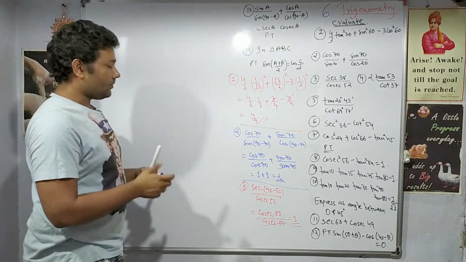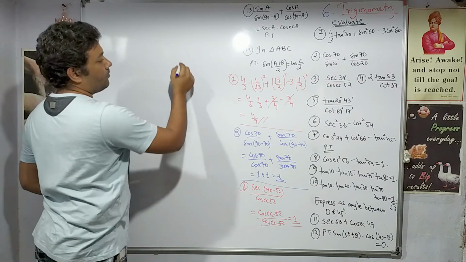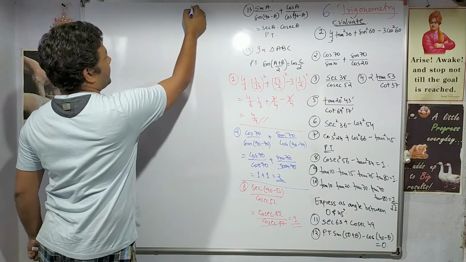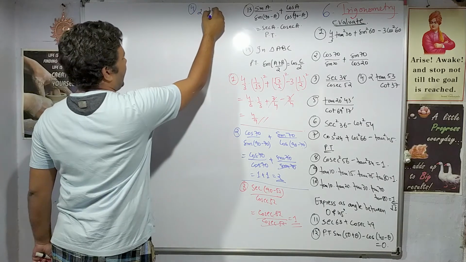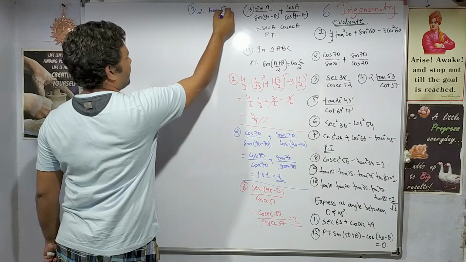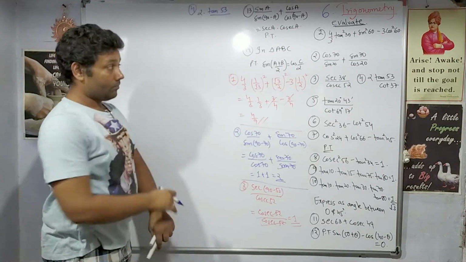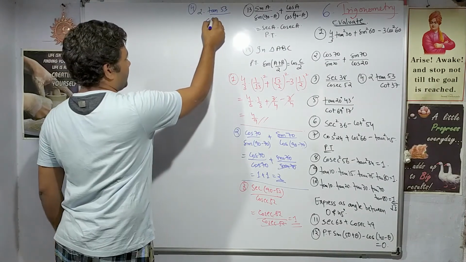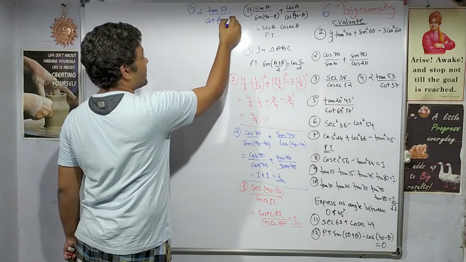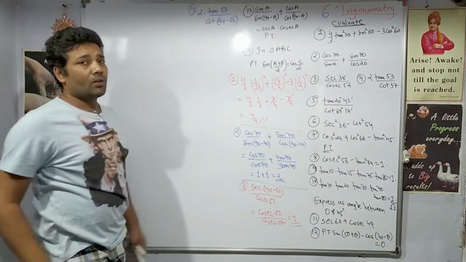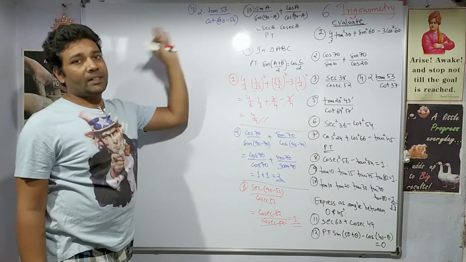Simple. Then the fourth sum, just next to it: 2 tan 53. Here I will use it in the denominator. So cot 37 can be written as 90 minus 53. It is compulsory to write in the format of 90 minus or 90 plus.